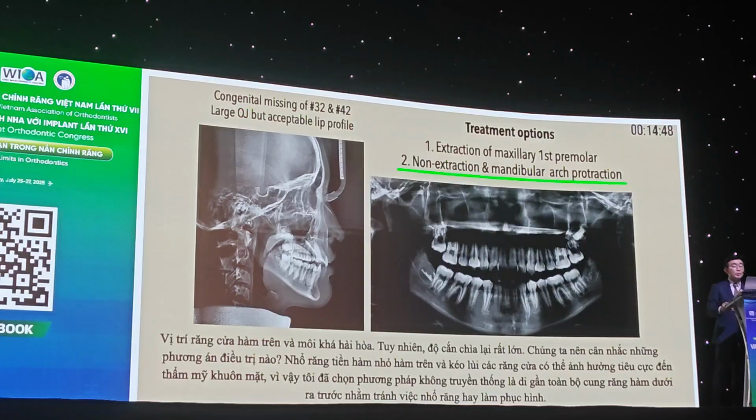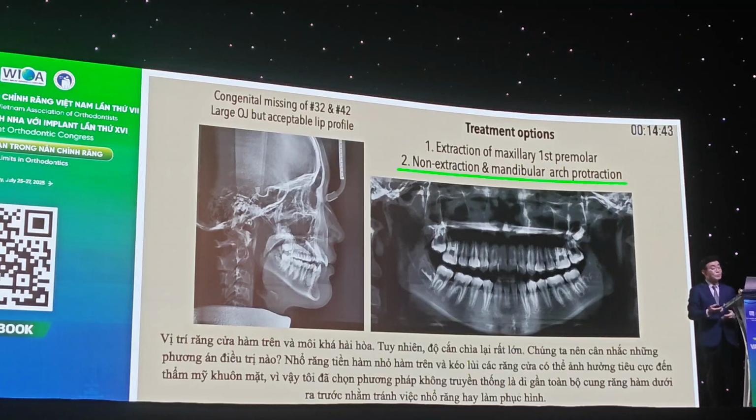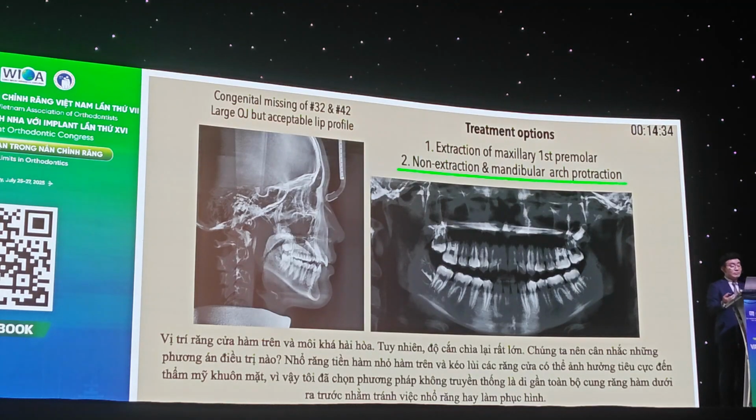Extracting the maxillary premolars and retracting the incisors may compromise her facial aesthetics. So, I decided to attempt to advance the entire mandibular arch forward as a non-traditional approach to avoid the extraction or prosthetic intervention.